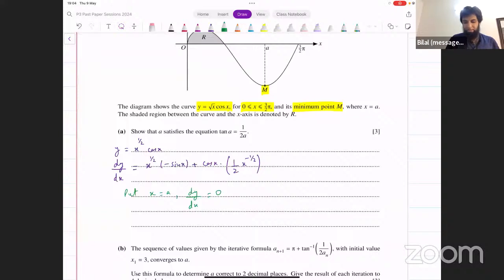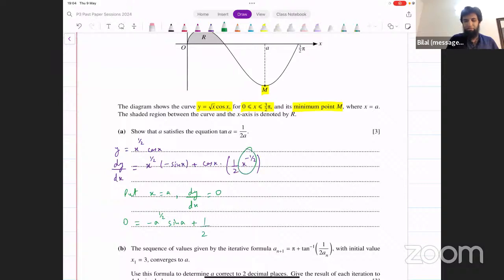We say 0 equals minus x raised to the power 1 over 2 into sine of x plus, or in fact, in place of x, we've already input a, so it becomes minus a raised to the power 1 over 2 into sine of a, plus 1 over 2.